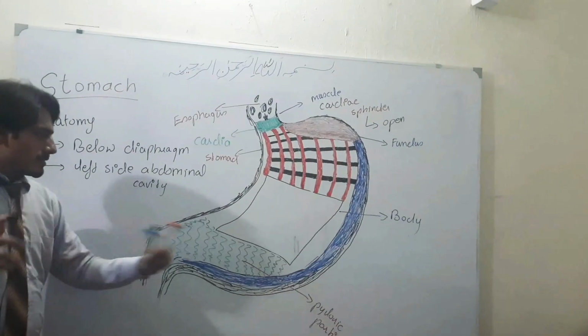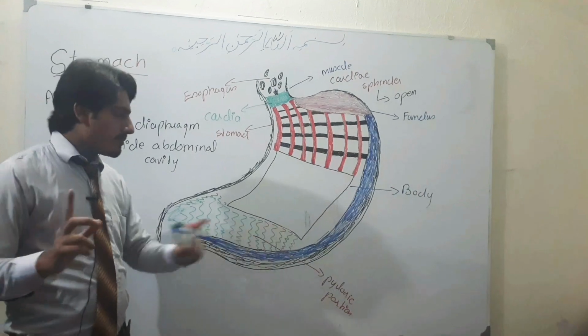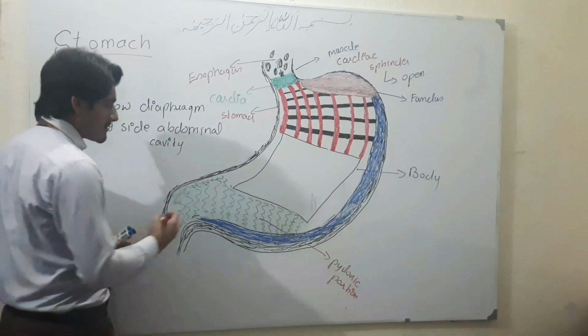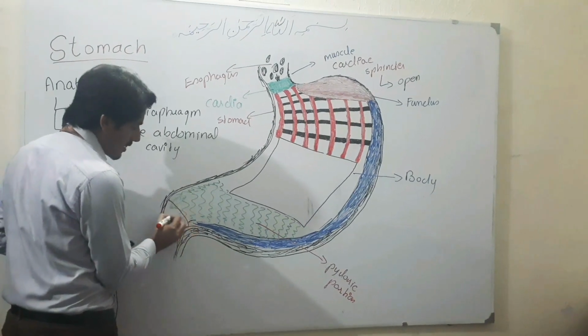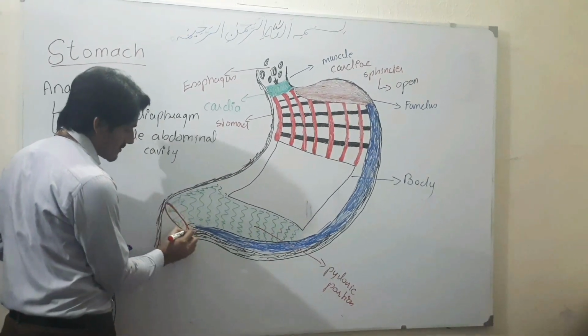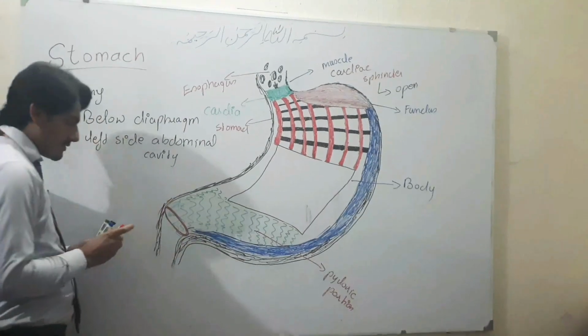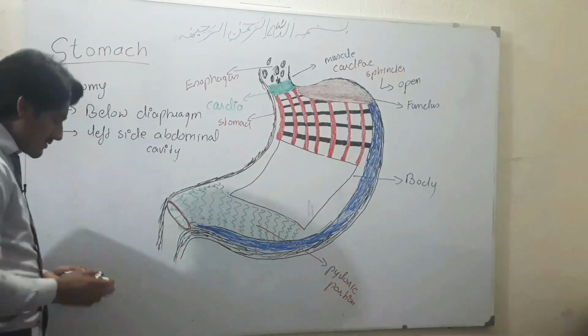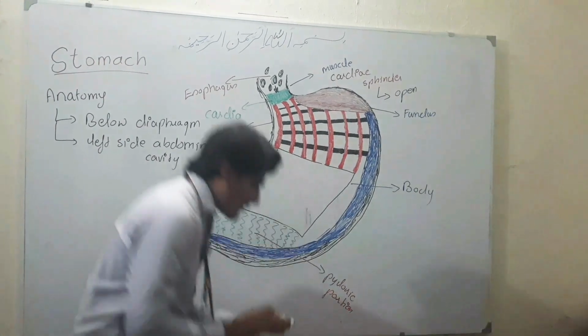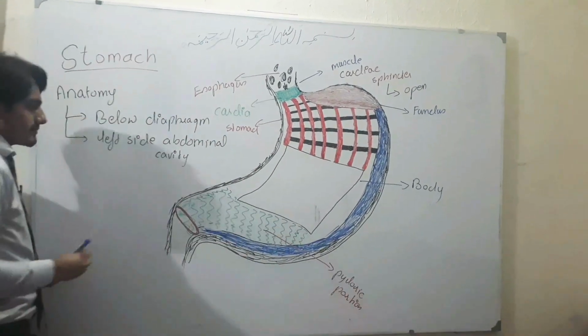Okay, the last one is the pyloric portion, and at the base of the pyloric portion there is also a sphincter present, same as the cardiac sphincter. This one is also under the control of muscle.